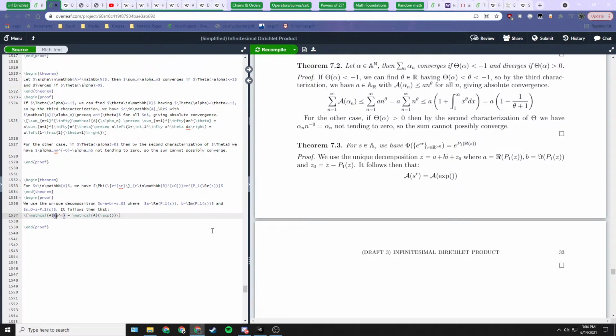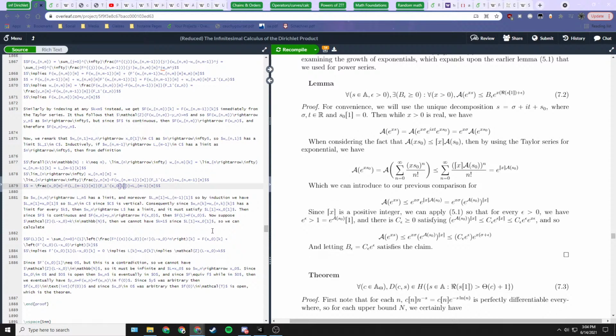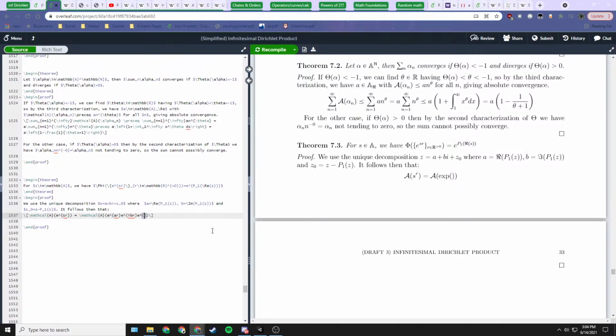So then we have e power SR is A of e power, instead of SR we have e power AR e power IBR, and then e power S0R, right, because A is linear.